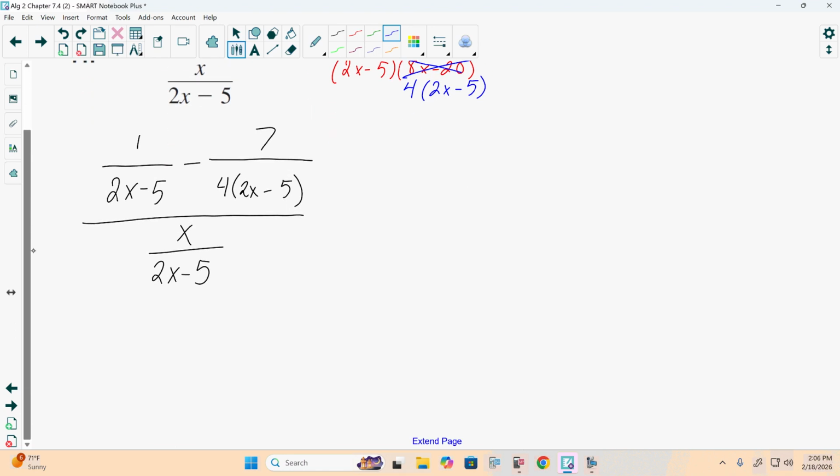So instead of multiplying by that big expression, we still need to multiply by 2x minus 5, because that is going to be needed no matter what. What is the other piece that we need? 4.